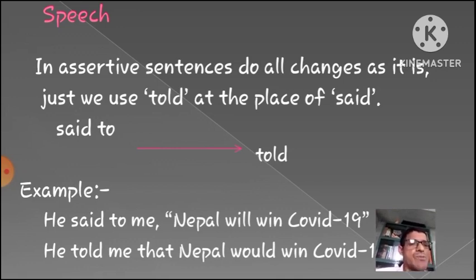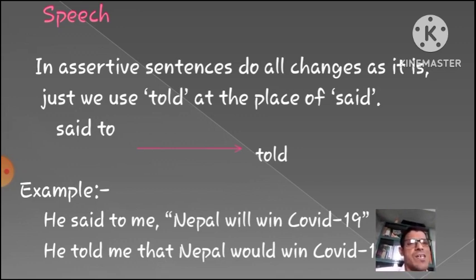As we have just talked about general rules, we have talked about change of tense, change of person, and change of adverbs. These changes will be the same there, but some more things you should do here.